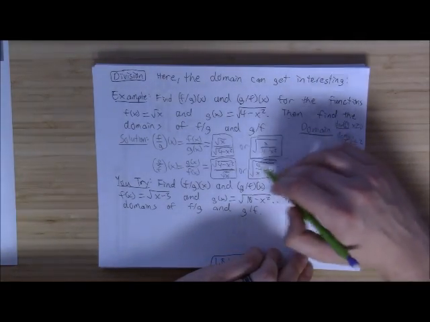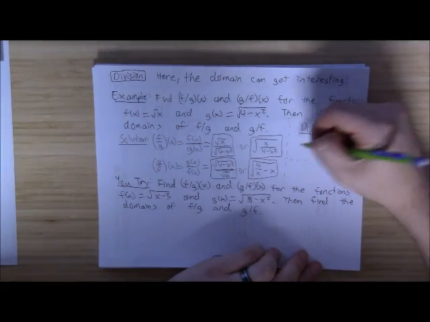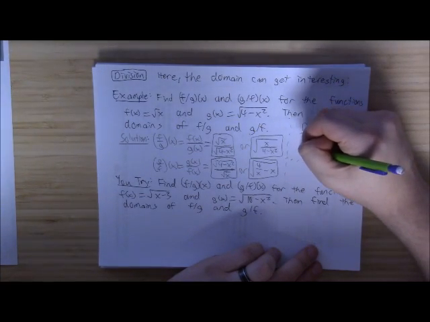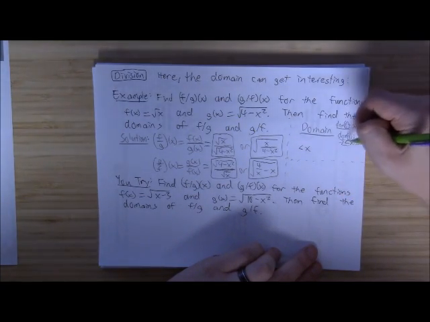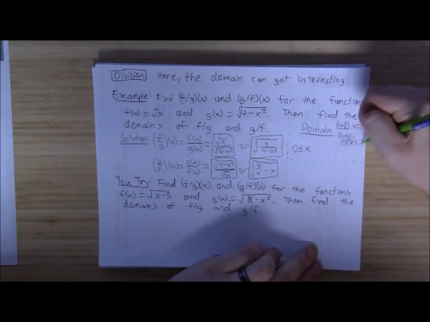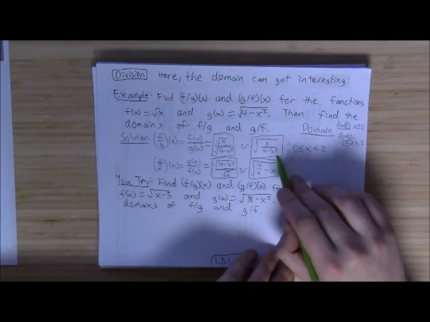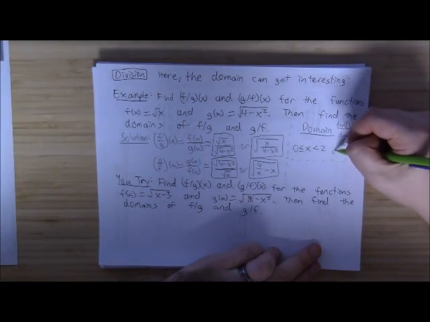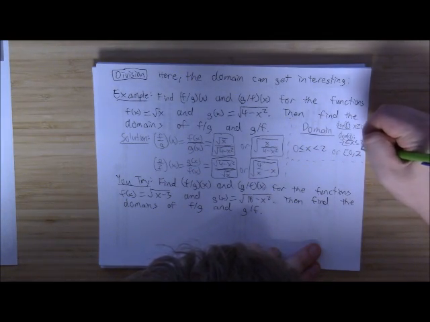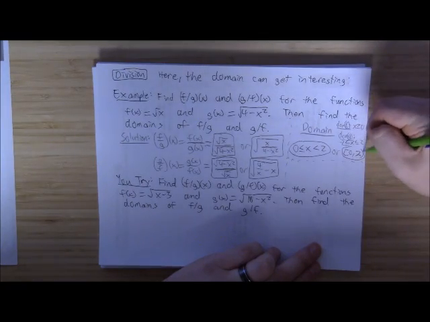So combining all of these together, we actually have that x has to be greater than or equal to 0. But it also needs to be strictly less than 2, for if it's equal to 2, the bottom equals 0. Or, if you prefer interval notation, 0 to 2. So either one of those.